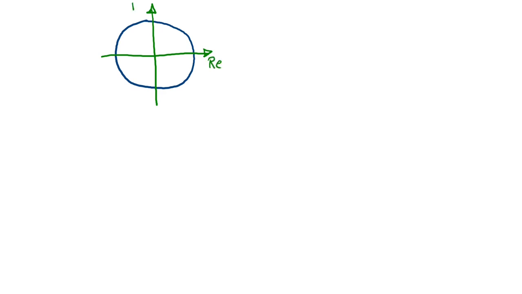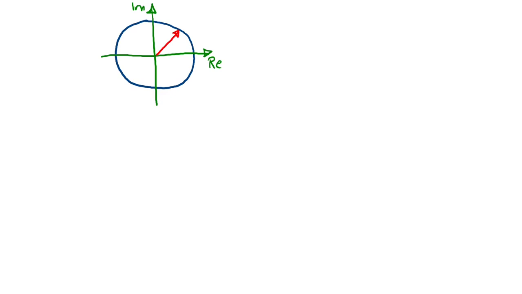I name the axes here the real and imaginary axis, so it actually doesn't matter how we call them for now. We will come back to this later. And now let's point an arrow or a pointer into this circle.